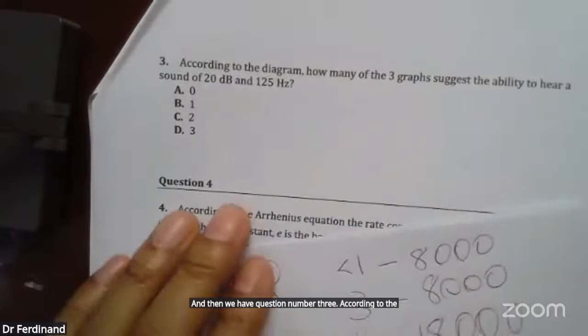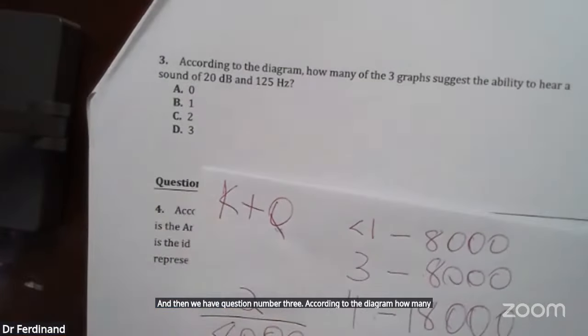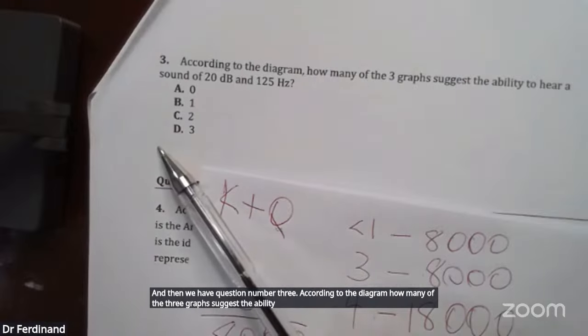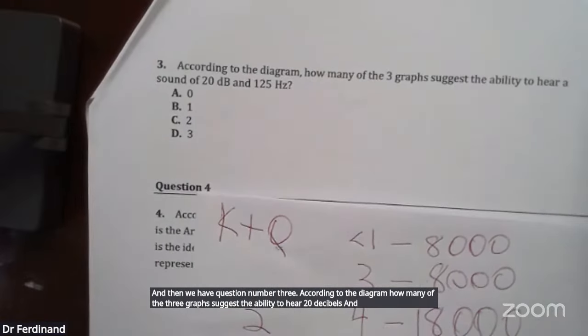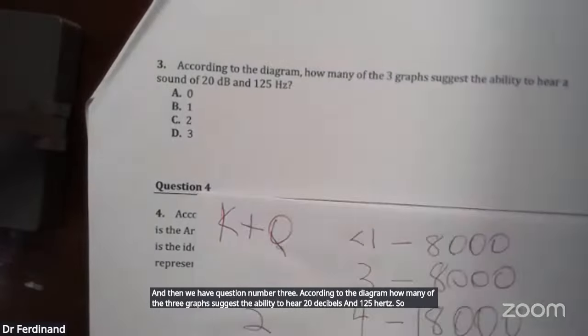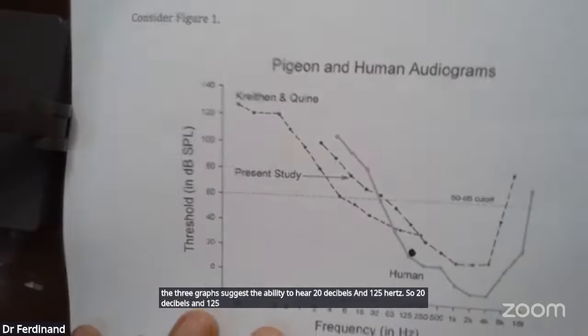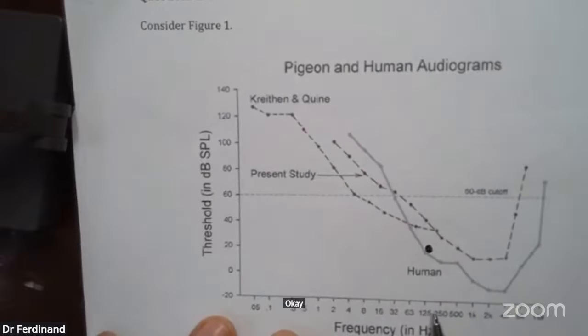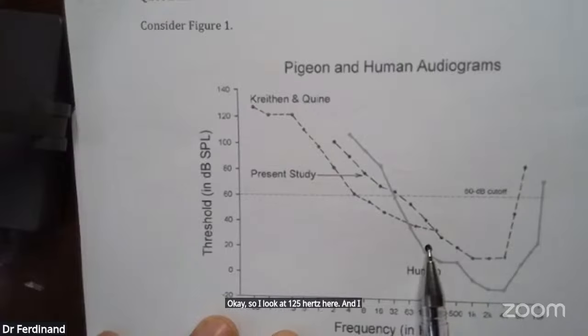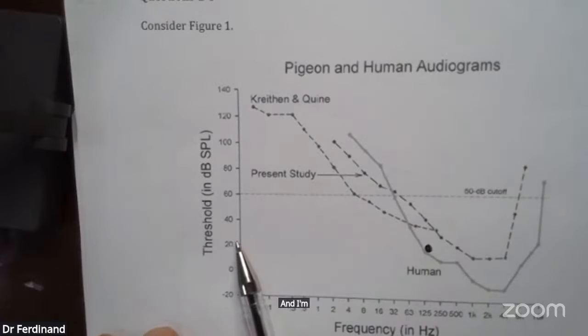And then we have question number 3. According to the diagram, how many of the 3 graphs suggest the ability to hear 20 decibels and 125 hertz? So 20 decibels and 125 hertz. Okay, so I look at 125 hertz here, and I'm going up, and I'm looking at 20 decibels here.